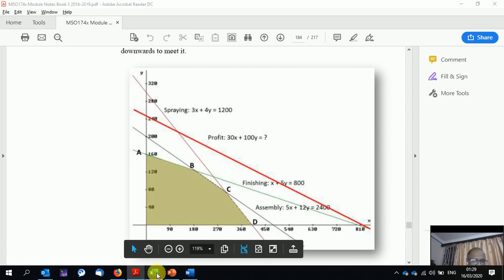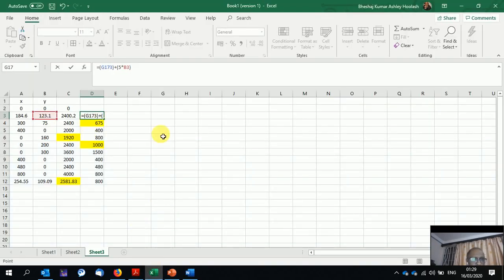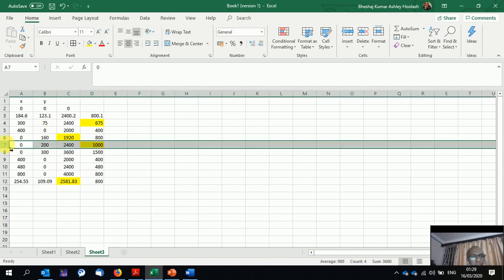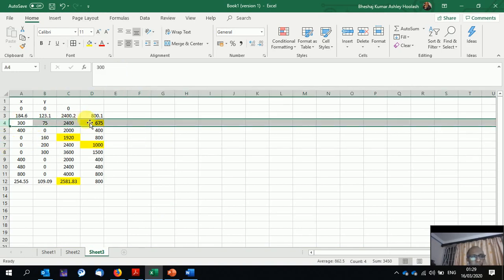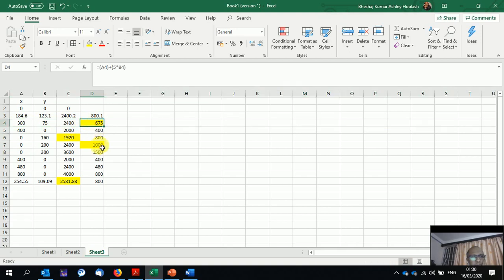Again, ignore the dot one here, I've put x plus 5y for the spraying, and these two coordinates would give me the maximum extent of the number of hours. So clearly I was given 800 hours.